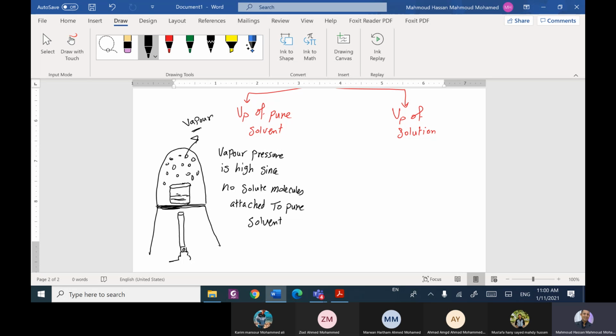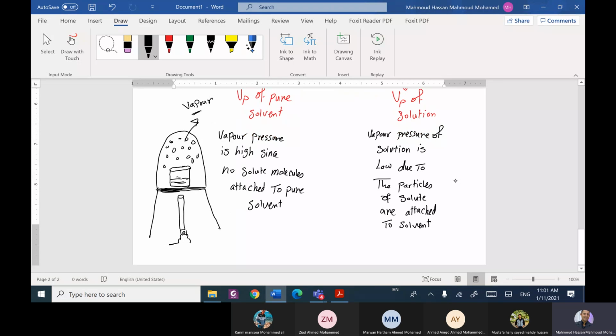But for the same case, for the solution, the vapor pressure of solution is low due to the particles of solute being attached to the solvent, which decreases the vapor pressure.